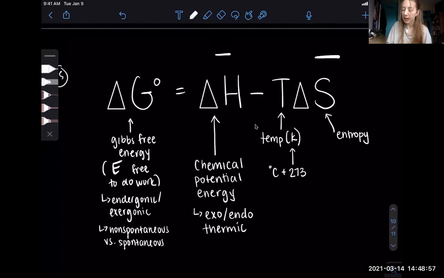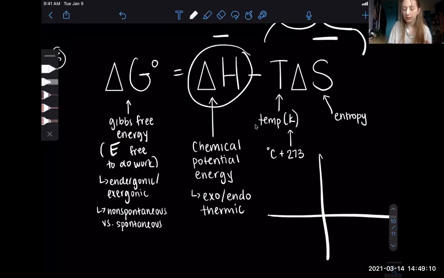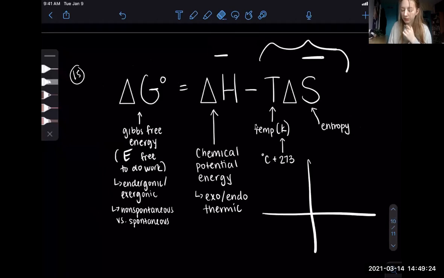And let's say this negative entropy causes this positive term here to get so big that it overwhelms the rest of the equation. It overwhelms this negative delta H. So then the change in Gibbs free energy will be positive. So we can't tell what's going to happen just from the delta H. We need every part of the equation.